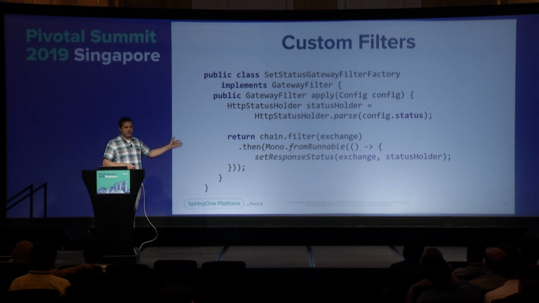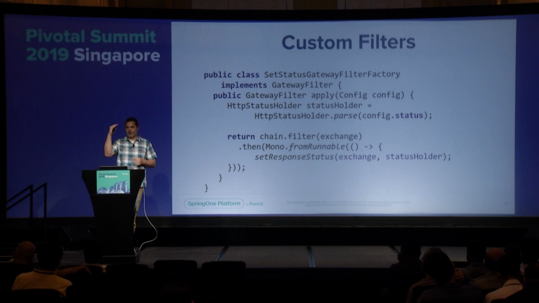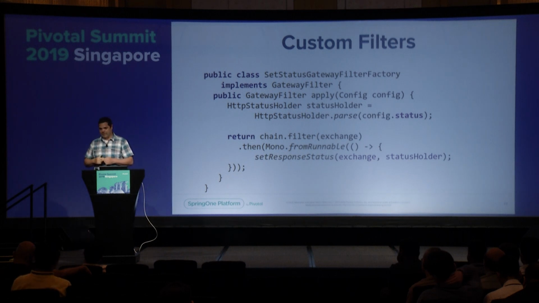So then is a Reactor function. This means after the filter chain is executed, run this piece of code, which sets the response status. If we had done it before the call to chain.filter, this would be a pre-filter, but set status, because you do .then, is effectively a post filter.